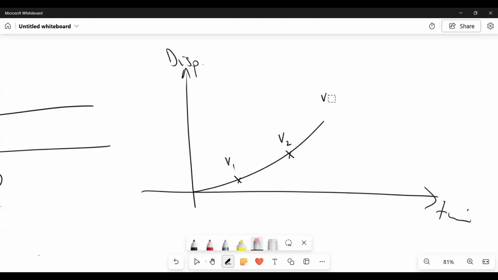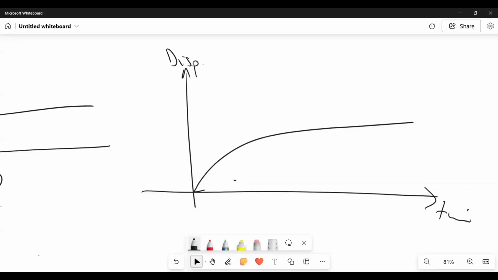You notice how this one looks. What about a graph looking like this? It's going this way. So here, the gradient is very steep. The gradient is high here, but down here it's gentler.